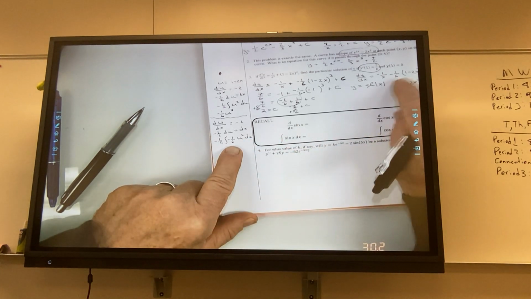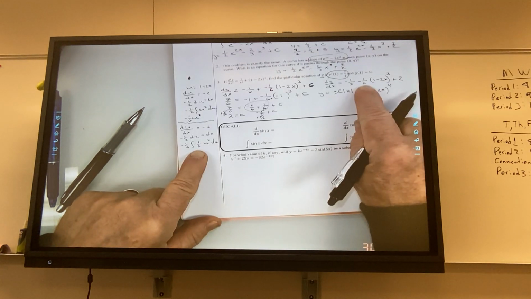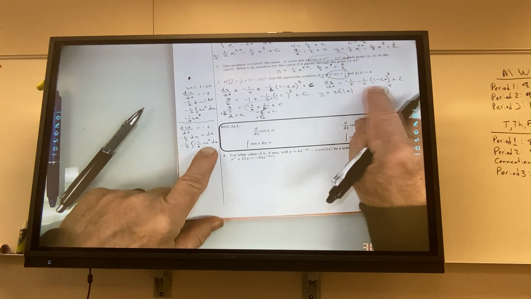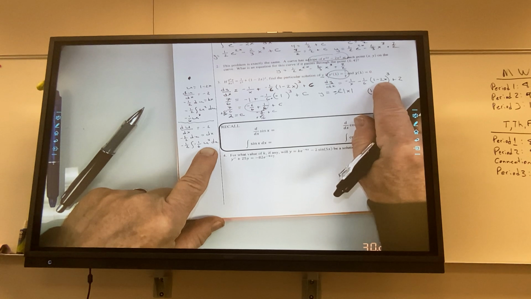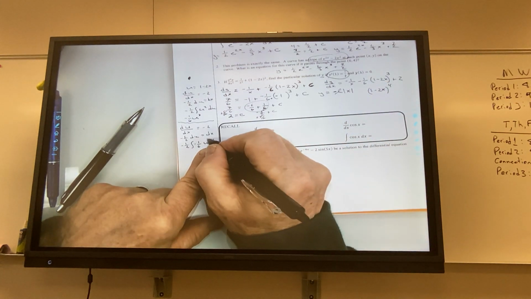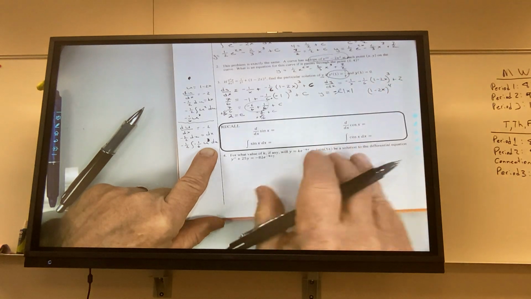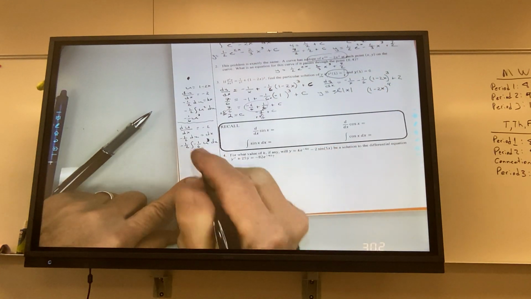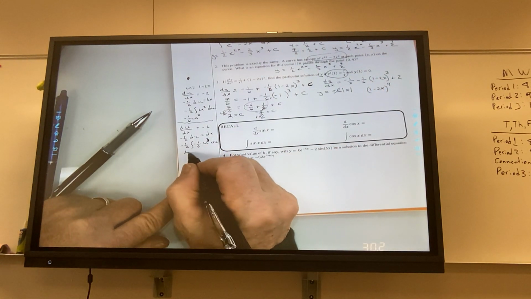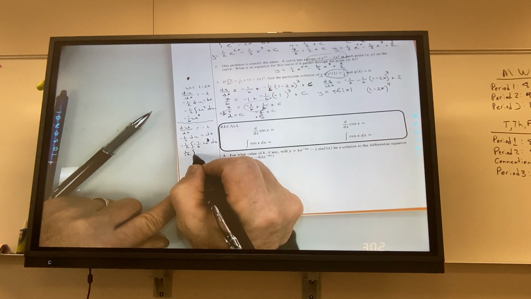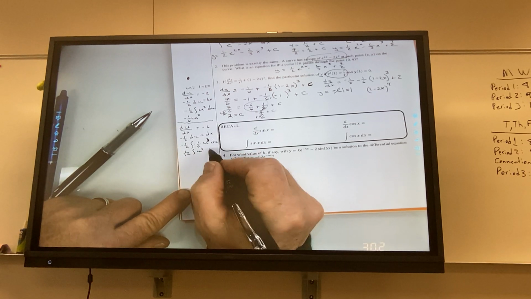That negative 1/6 is that negative 1/6 right here, correct? And I have u to the 4th. Or excuse me, u to the 3rd. Sorry. u to the 3rd. So now I have 1/12 u to the 3rd du.